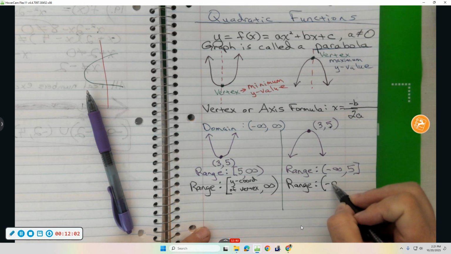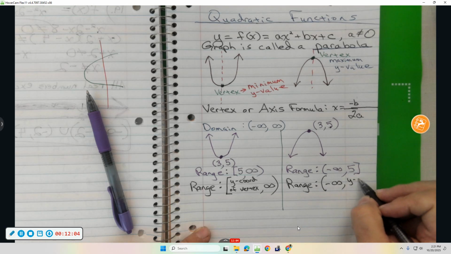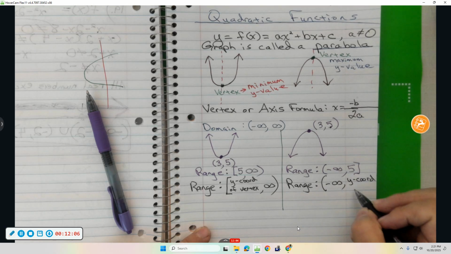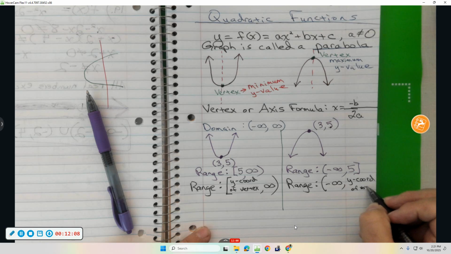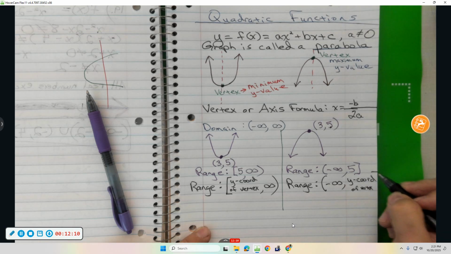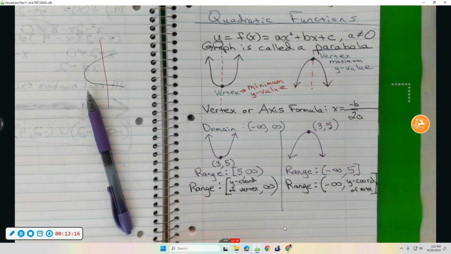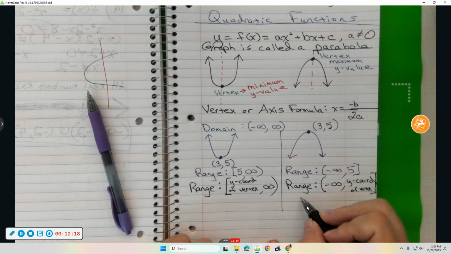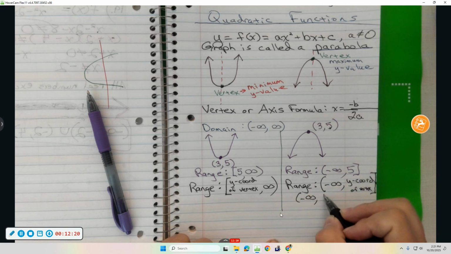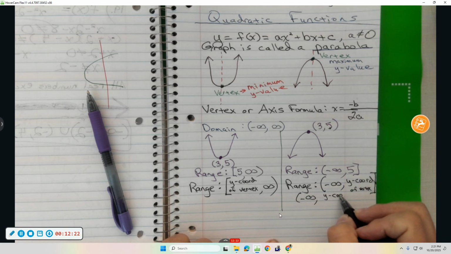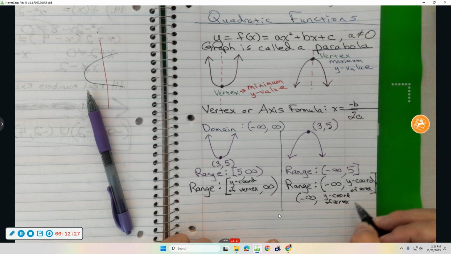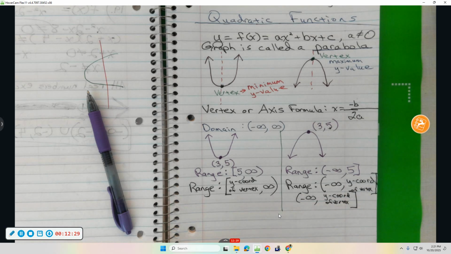Negative infinity, comma, y coordinate of vertex. Notice it's a bracket there after the y coordinate. That is a bracket. It's hard to tell. Negative infinity, y coordinate of vertex, bracket. Well, that makes it a bit clearer.